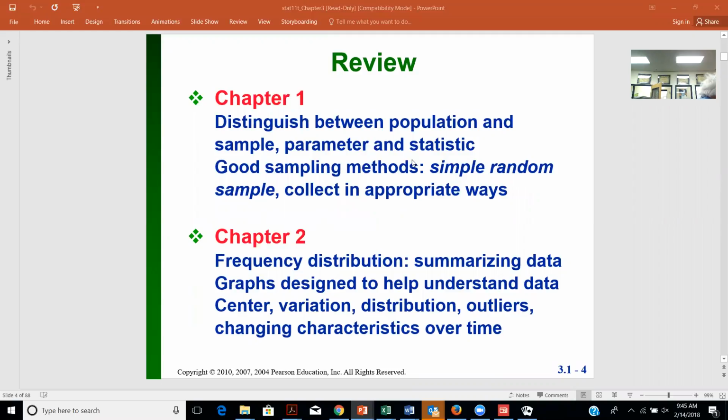So let's talk about next week first. Next week, we are going to be covering chapter 4, which is probability. Probability is an important area of statistics in that it is looking at the likelihood of events occurring.